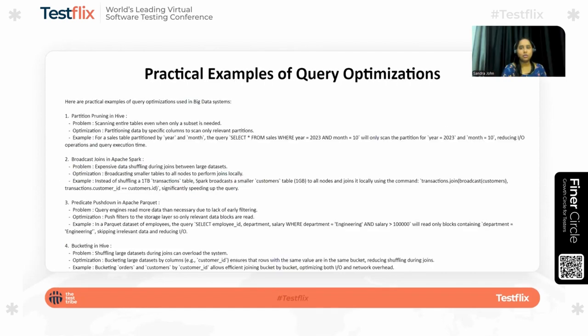So we spoke a lot theoretically about how query optimizations need to be done. These are a few practical examples of query optimization in big data systems. First is related to partition pruning in Hive. Scanning an entire table, even when only a subset is needed, is one of the problems which many of us might be guilty of.